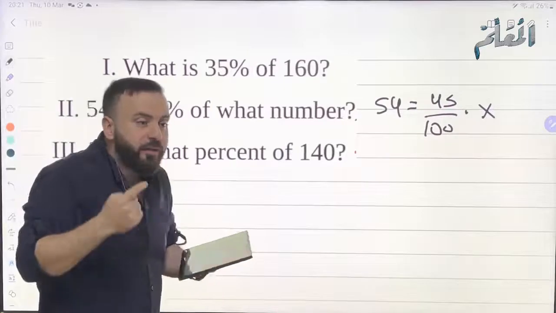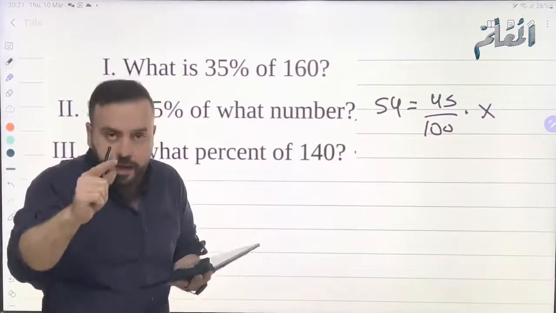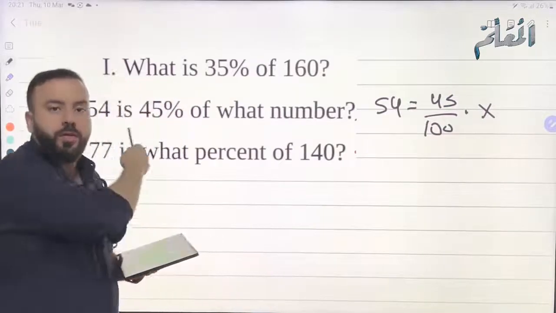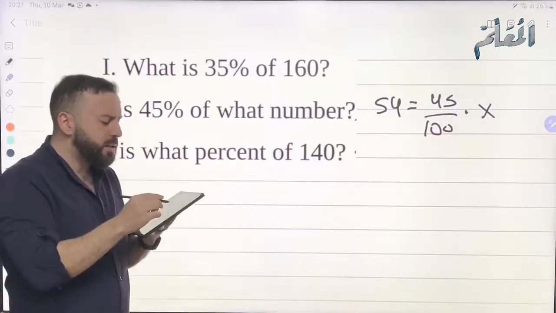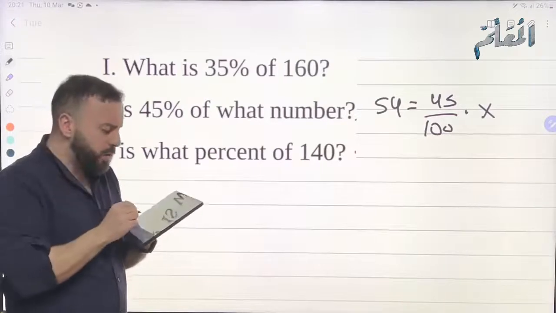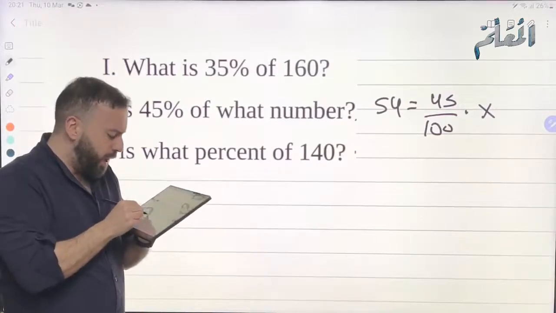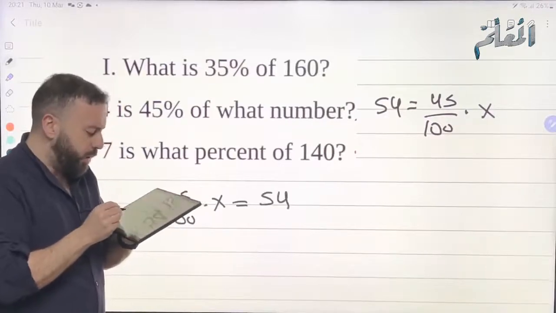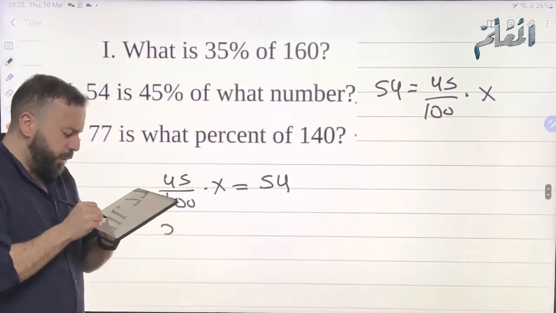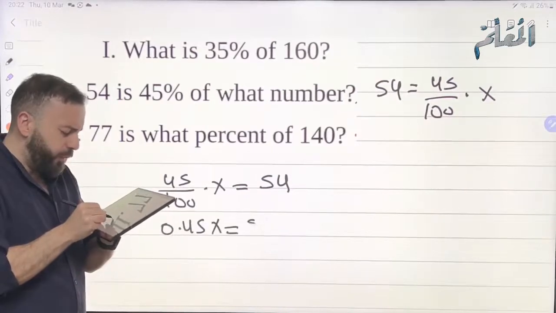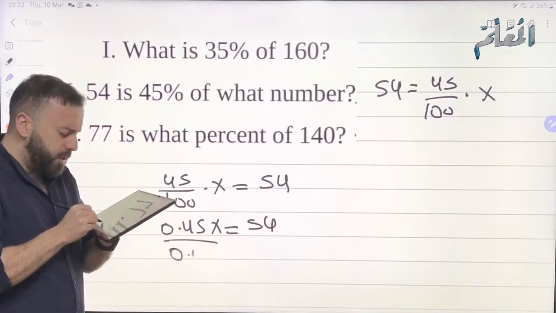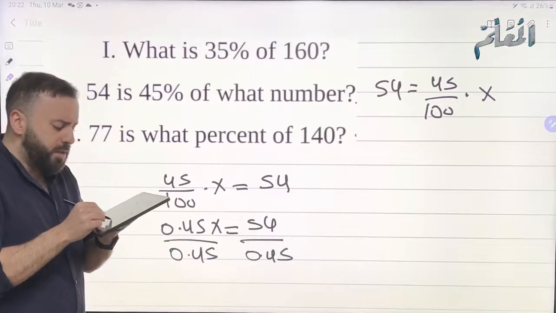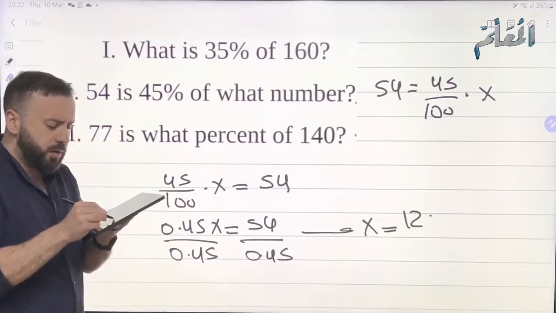So if I multiply 45% by a number, I'll get 54. Solving this the algebra way, straightforward, that's 45 over 100 times x is equal to 54, which means 0.45x is equal to 54. Divide both sides by 0.45, which means that x is equal to 120.